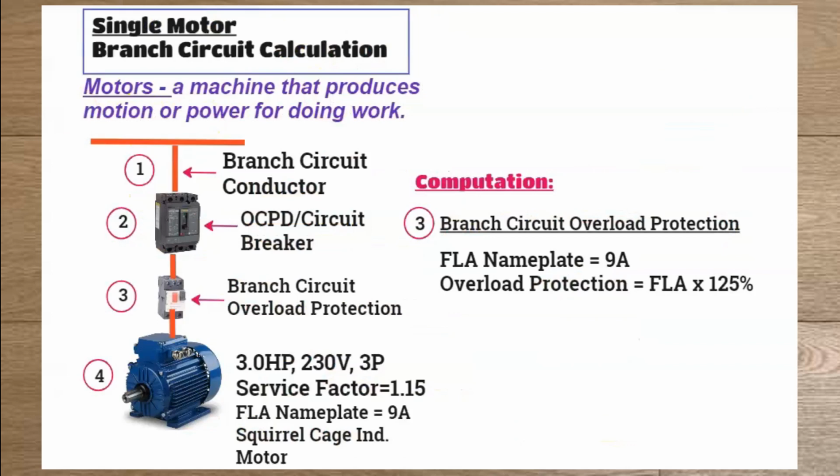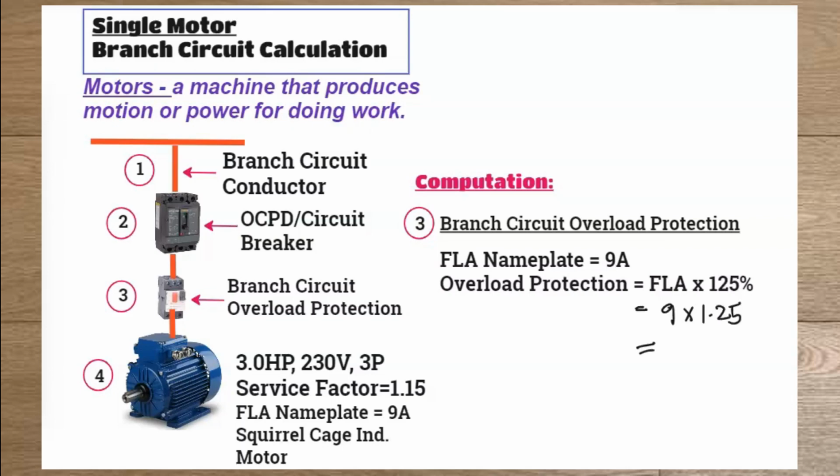From the code earlier, to size the branch circuit overload protection, take the full load ampere from the nameplate and multiply it by 125%. So this is our full load ampere on the nameplate. Let's multiply this 9 times 1.25.